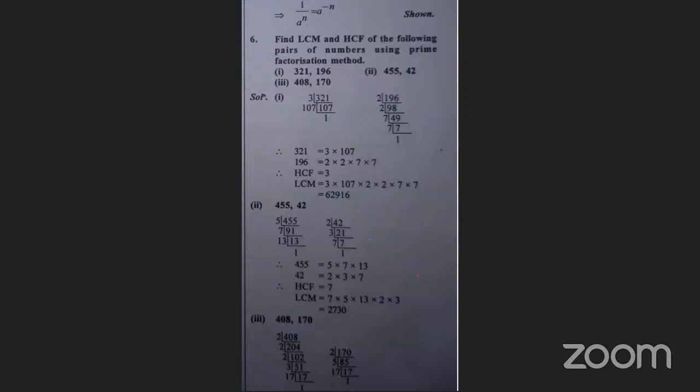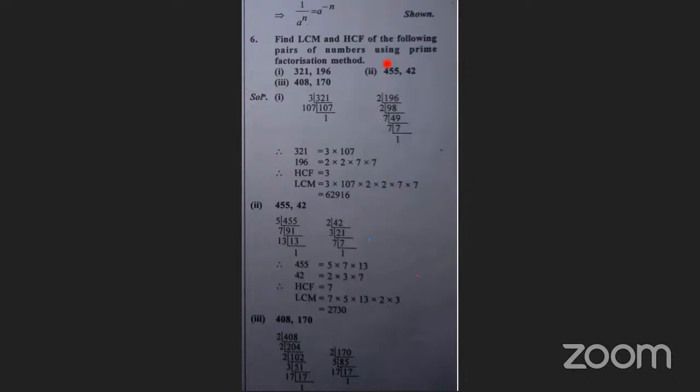The question says: find the LCM and HCF of the following pairs of numbers using the prime factorization method. They have given some pairs of numbers. Two things make a pair. For the first one, you can see 321 and 196. Two numbers are given, so both numbers together are called a pair of numbers. They said we have to find the LCM and HCF of these numbers using the prime factorization method.